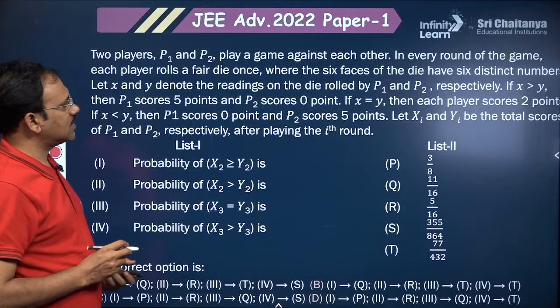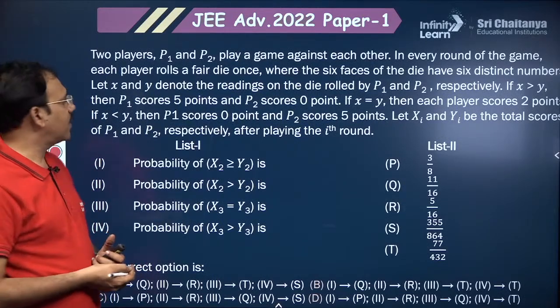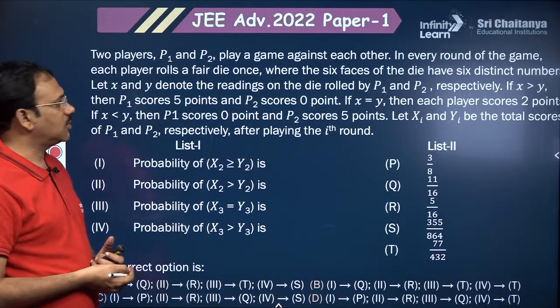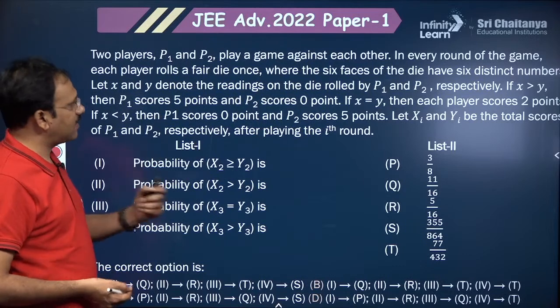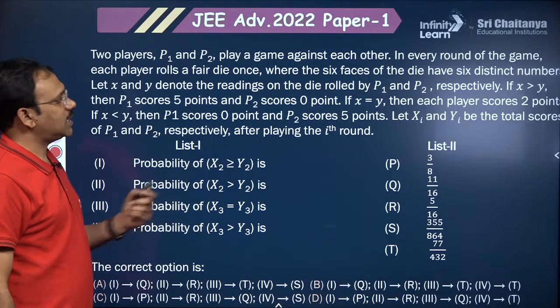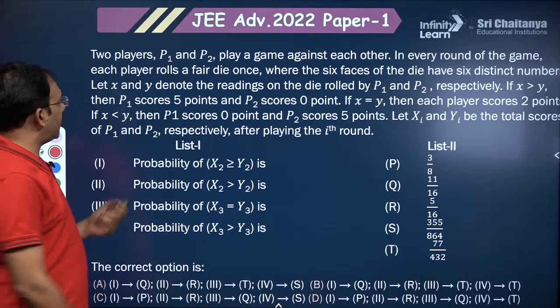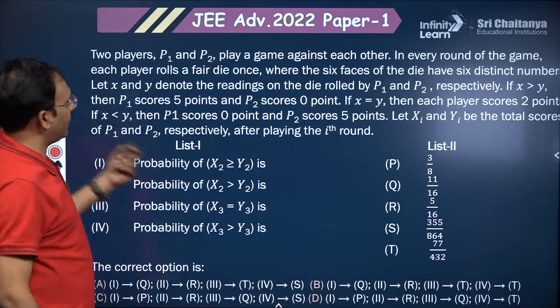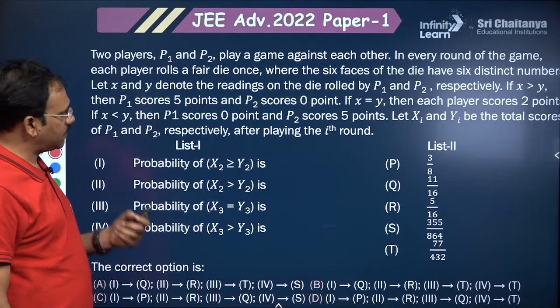Next, friends, you see this is related to the probability part, a simple one. 2 players P1 and P2 play a game against each other. In every round of the game each player rolls a fair die once, where the 6 faces of the die have 6 distinct numbers. Let x and y denote the readings on the die rolled by P1 and P2 respectively.